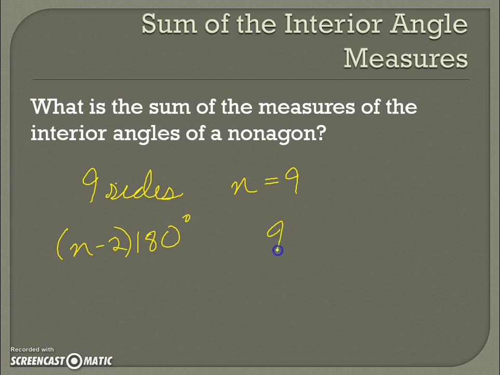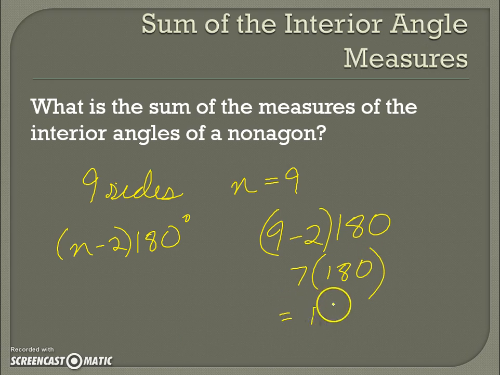So n is 9, so I have 9 minus 2 times 180, which is 7 times 180, which is equal to 1,260. So all of the angles inside a 9-sided polygon would add together to be 1,260 degrees.